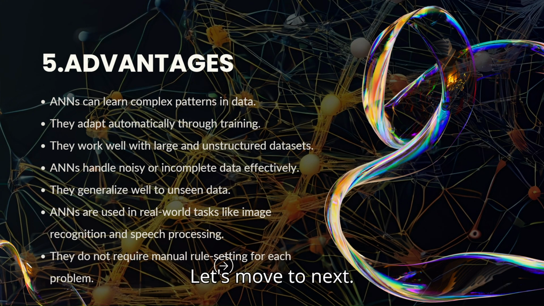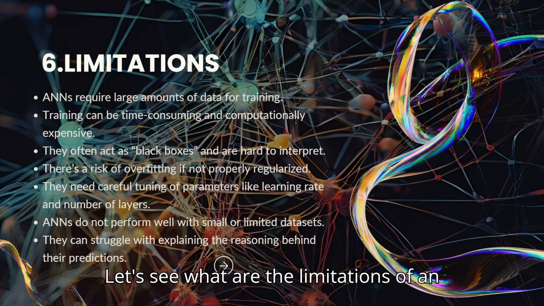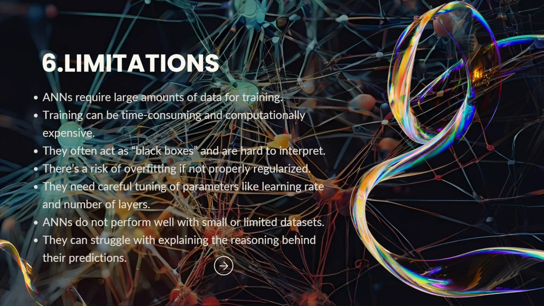Let's move to next. Let's see what are the limitations of ANN. Yes, nothing is perfect in this world, right? Here are what to watch out for. They need lots of data to train.